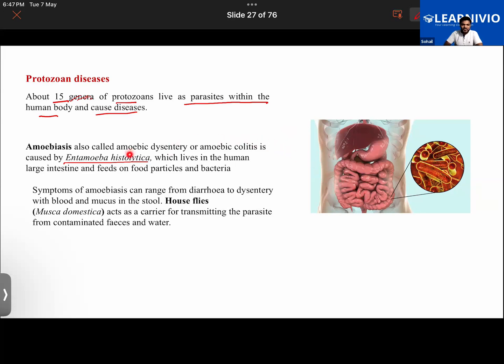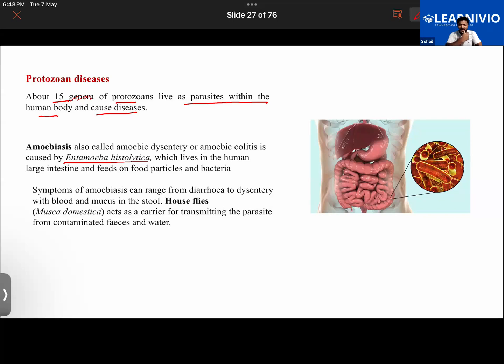Once this protozoa enters into the human intestine, particularly the large intestine, it will start to grow and feed on the food particles, and not only food particles, it will feed on bacteria also. In our gut, there are certain good bacteria which help in the process of digestion, which is important for gut health. But this Entamoeba histolytica will be damaging that. It will be feeding on the food particles and the bacteria also.